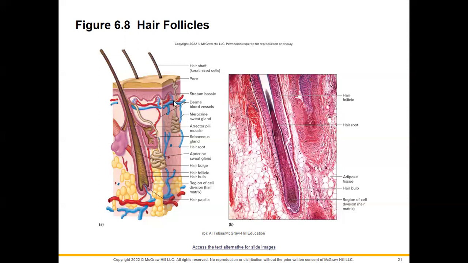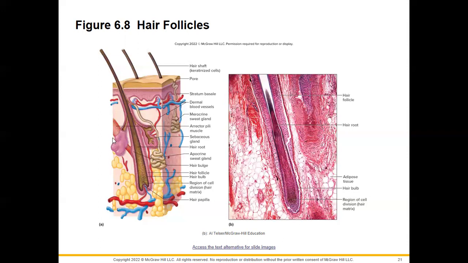So the duct is leading directly to that surface through a pore, or through a duct that empties into a pore. You have apocrine glands. This is an example of apocrine glands. Same idea, it opens into a duct that leads onto the surface of the skin.